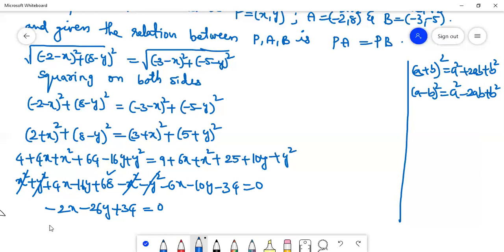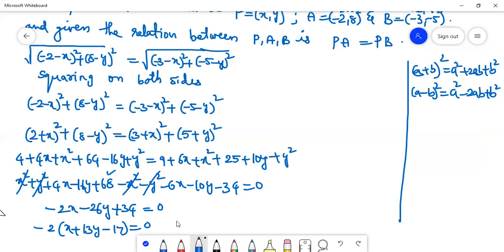Then taking minus 2 common from all the terms, it is x plus 13y minus 17 is equal to 0.